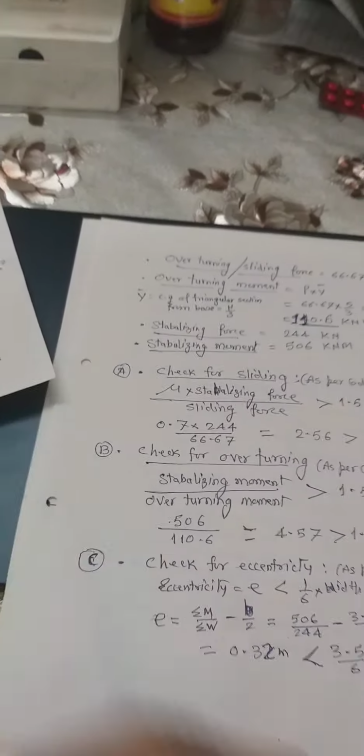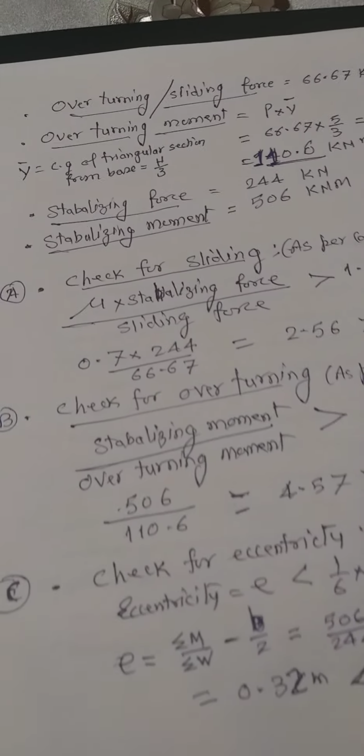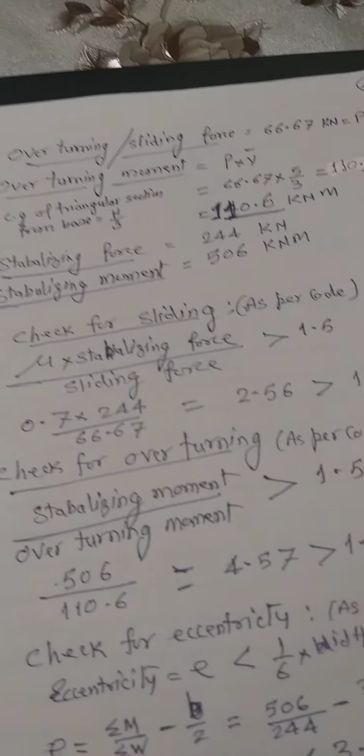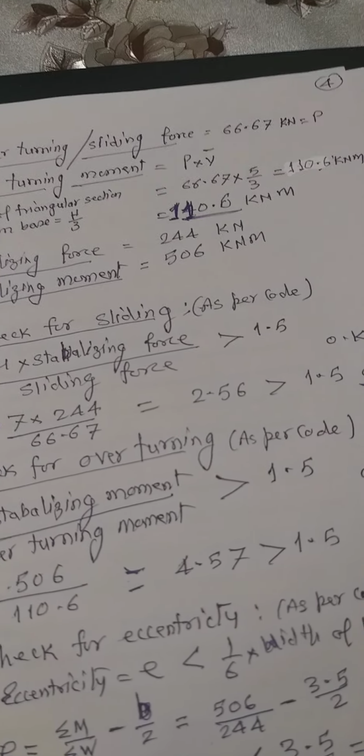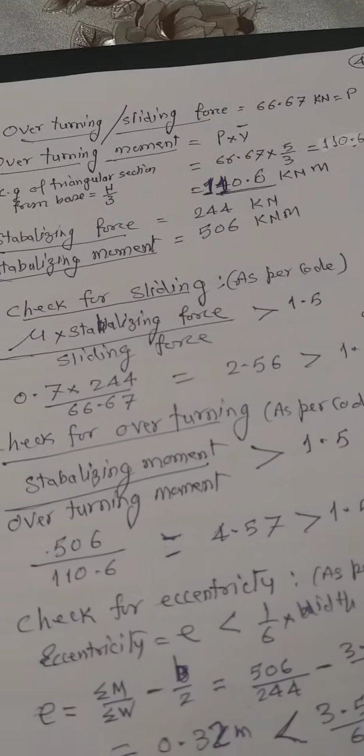After finding out this center of gravity and the total force, we have to find the overturning force. Now we'll come across finding out the overturning or sliding force, which is nothing but the total force 66.67 that we have already seen.